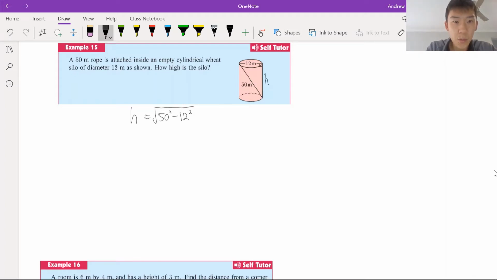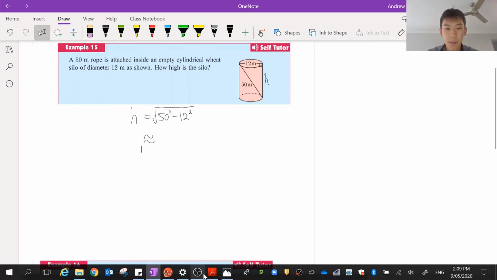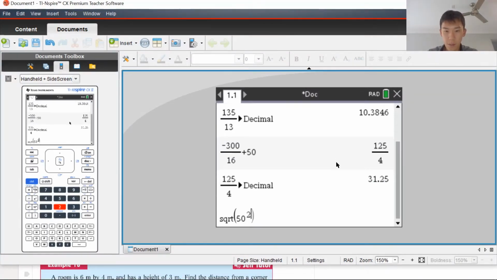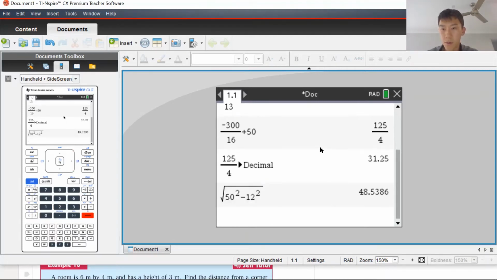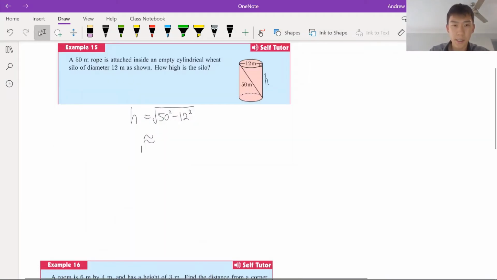This is approximately the square root of 50 squared minus 12 squared, which is approximately 48.5 if we round to 3 significant figures. 48.5 meters. So nice easy one to start us off there.